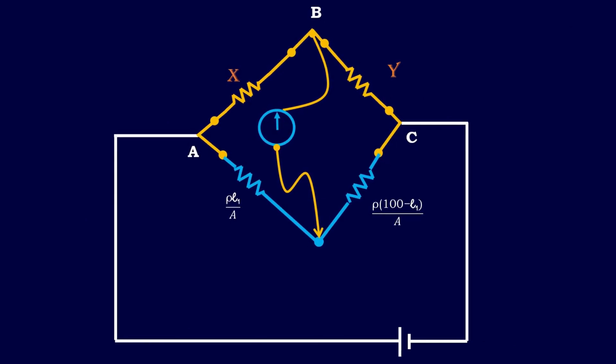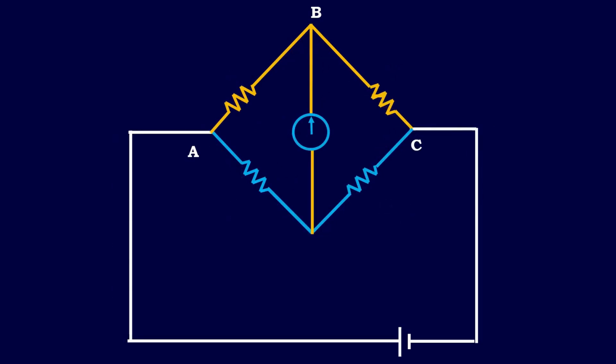In this form, the four arms of the bridge have the resistances X, Y, ρ times L1 by A, and ρ times (100 minus L1) divided by A.